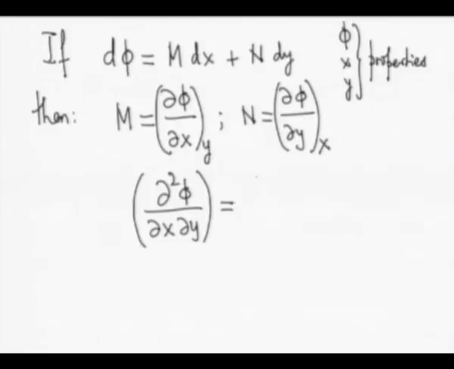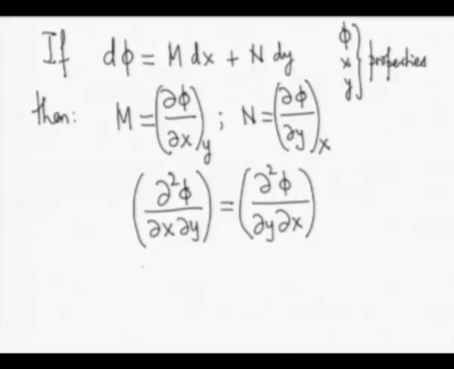This is equal to the second cross derivative, when you first differentiate with x and then differentiate with y. Okay. And because of this, now remember, this can be written down as partial with respect to x at constant y of d phi by dy.